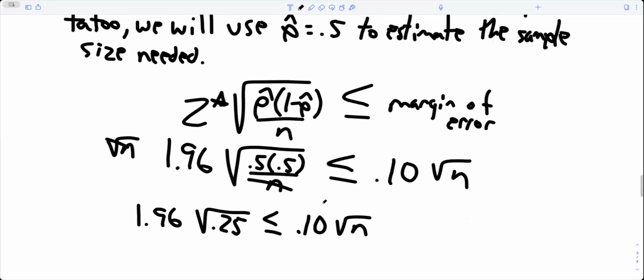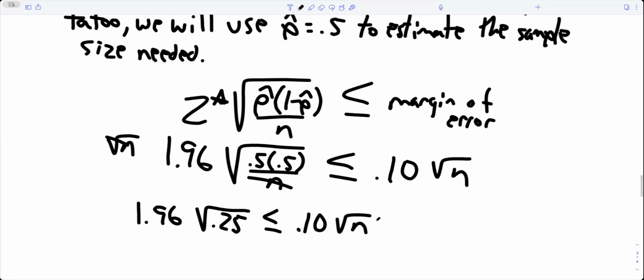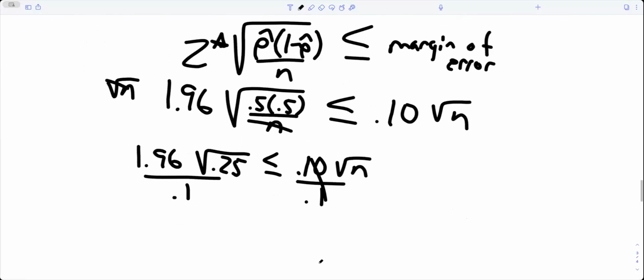So now I need to solve for n, so I'm going to divide by 0.1 on both sides. So now, to get rid of the radical, I'm going to square everything. All right, and so that's going to give me n. And over here, I'm going to have that. So take your calculators. And we put in 1.96 times the square root of 0.25 divided by 0.1, and all of that is squared.